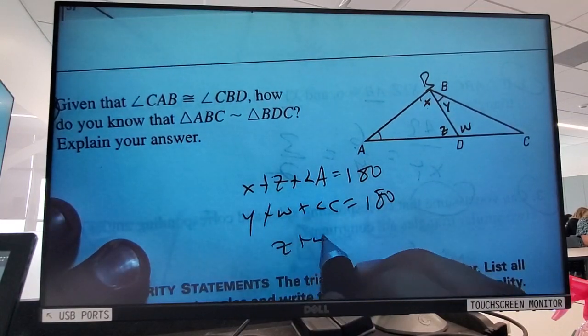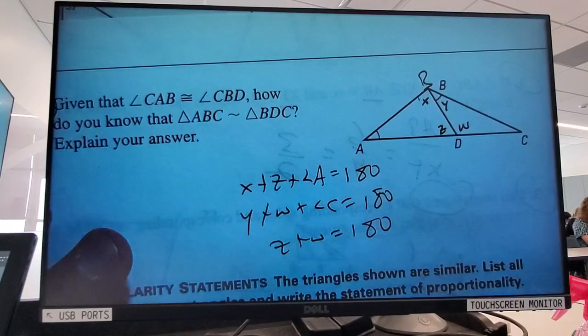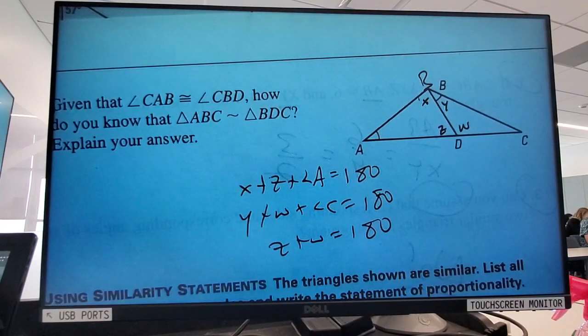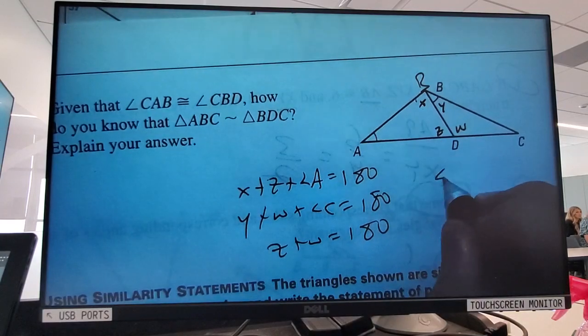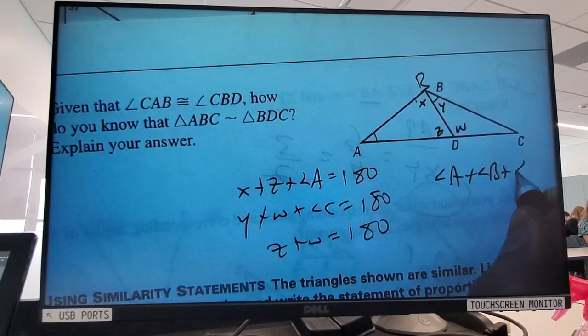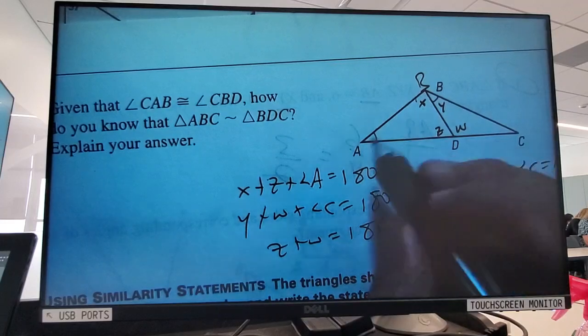Z plus W is 180. I'm just gathering a bunch of things that I can see are true. And of course the big one, angle A plus angle B plus angle C is 180 on that big triangle.